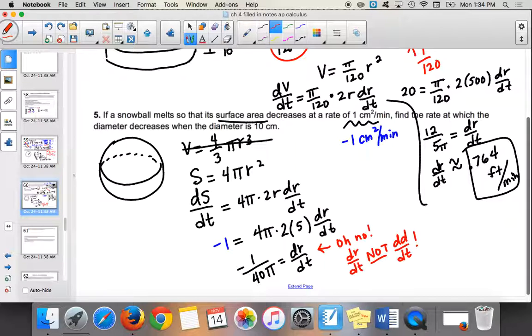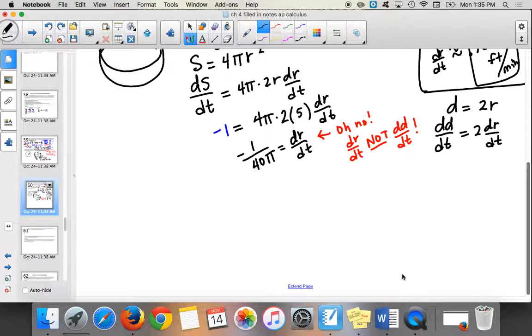What equation relates diameter and radius? d is equal to 2r. So their derivatives are also related. If I take the derivative of this equation, dd over dt is equal to 2 dr over dt. Isn't that nice? You can always fix whatever problem you run into.